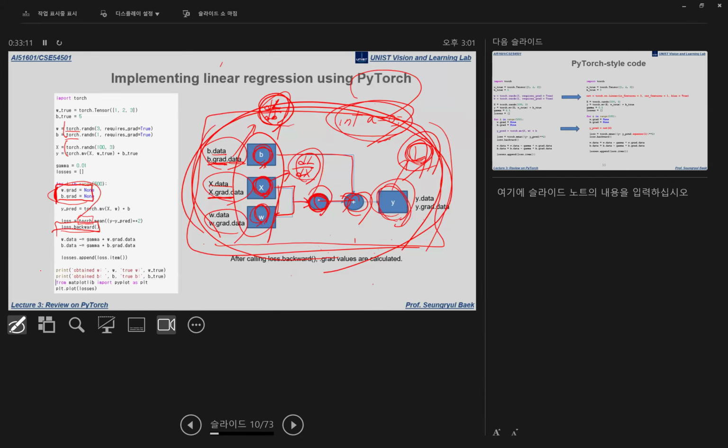Are you guys following that? So by calling just loss dot backward, because you already defined how your final node L is defined from the intermediate PyTorch variables, they already defined this type of graph, and they already know which nodes are connected in which way from the loss L. So by calling this loss dot backward, you can calculate the differentiation of loss L with respect to all the nodes in the middle, right?